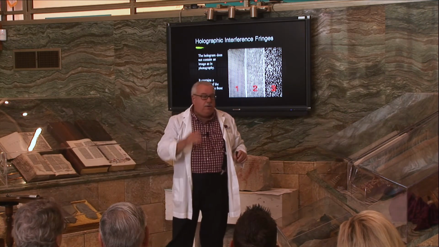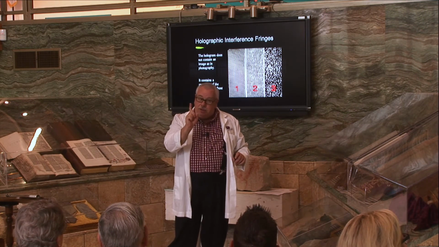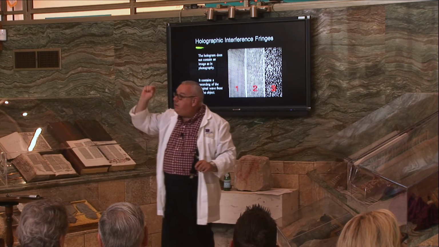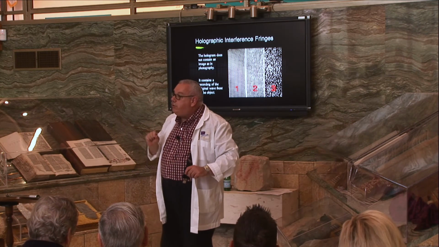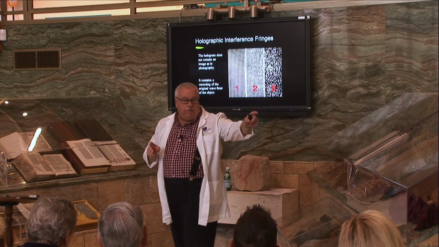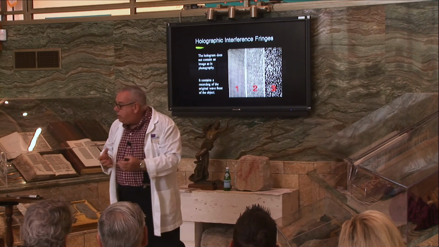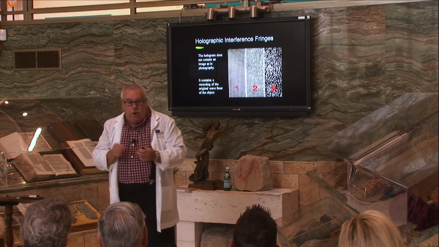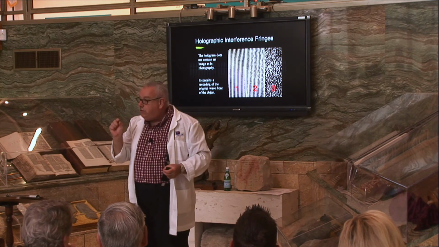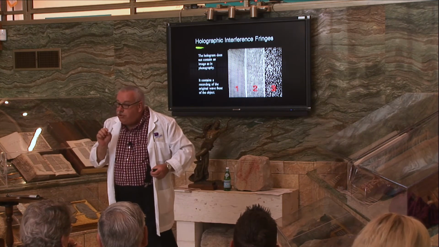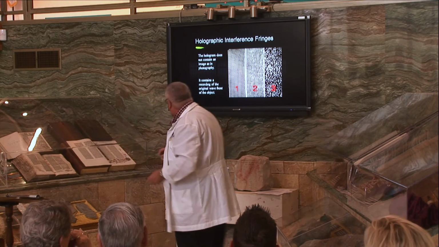And keep in mind that you're looking at 10,000 lines per millimeter of resolution. You can take a holographic object and put it under a scanning electron microscope and actually see surface bacteria. That's how much information is recorded.